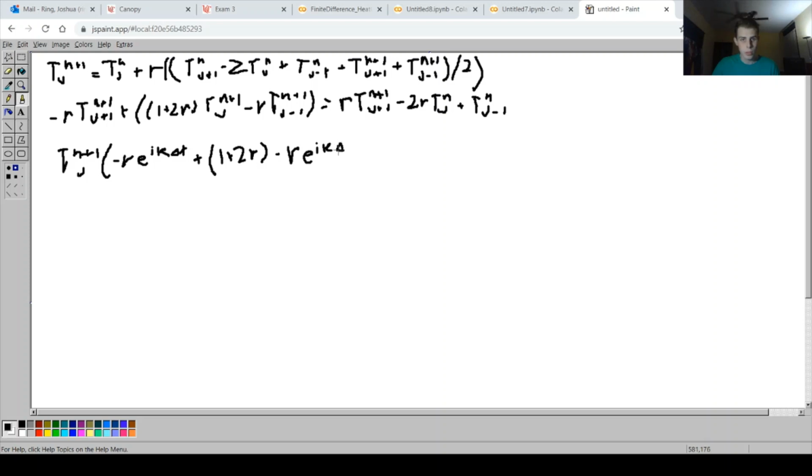Okay, and then that is going to be set equal to T n j, because remember, we factored that out, and the ones that we didn't, we just replaced. And then it's going to be equal to not negative r e to the ik delta x, but just r e to the ik delta x.